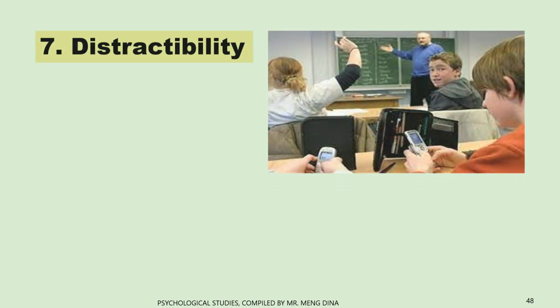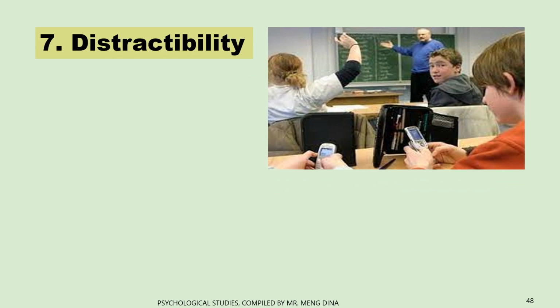Okay, all of them we have learned already. So I hope you know the definition and function of using them in the class. Okay, today we just continue to know about distractibility here.